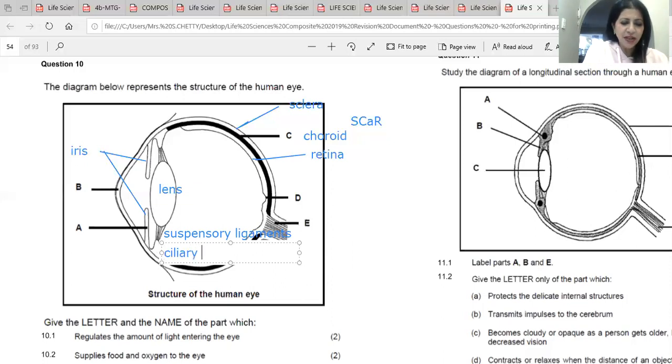Those are your ciliary muscles. So this part here would be your ciliary muscles, and these threads here are your suspensory ligaments.